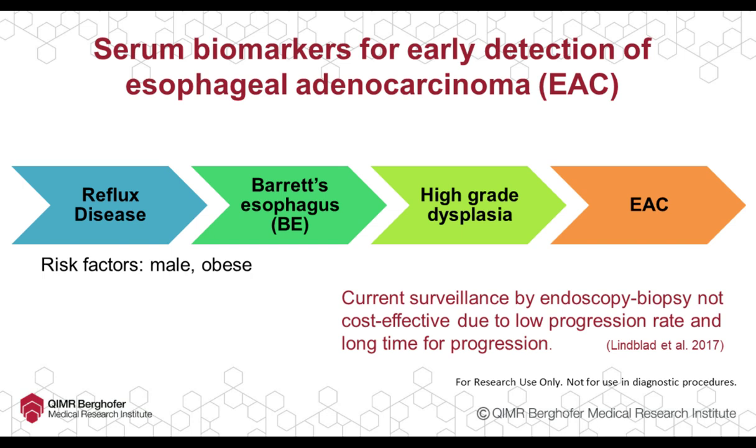So there's a need for biomarkers which can detect early disease, meaning high-grade dysplasia stage, and for the test to be less invasive. So we aimed to discover serum protein biomarkers for this application, and we wanted to discover markers that can pick up high-grade dysplasia rather than a late-stage cancer.